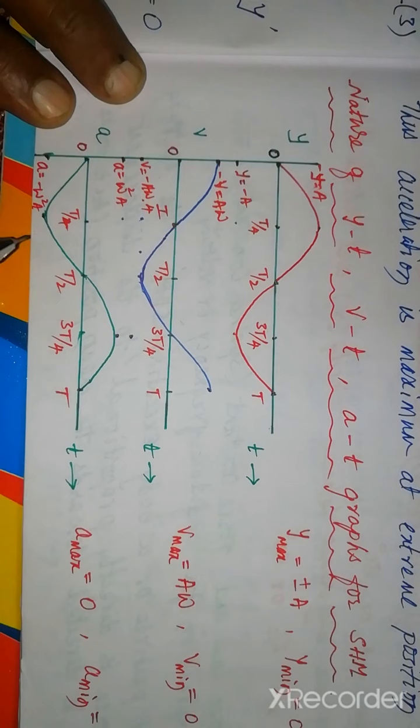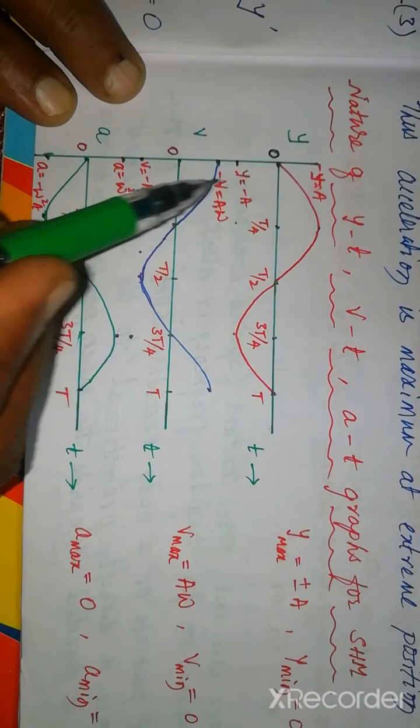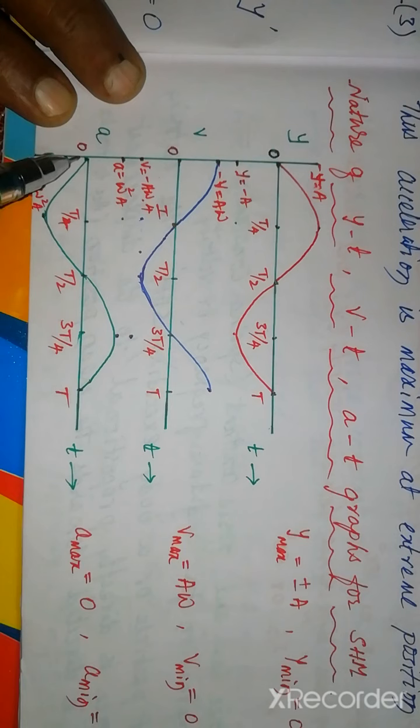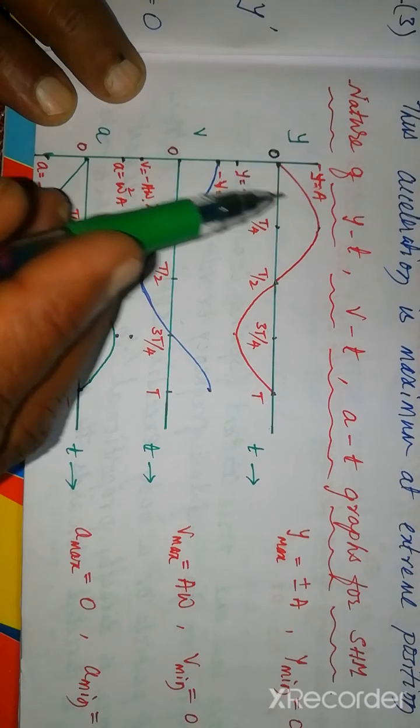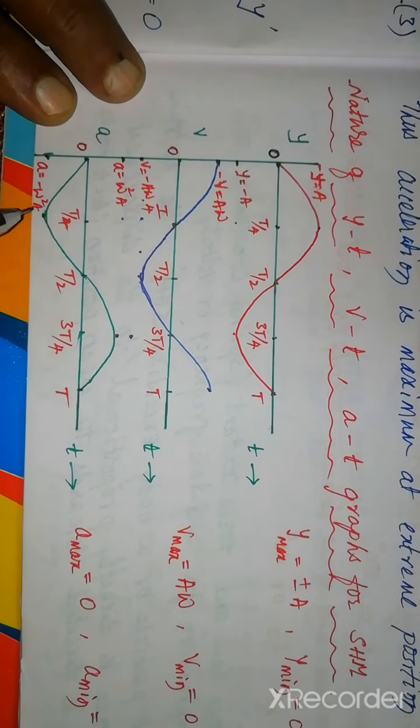Acceleration time graph. If displacement is in one direction, the acceleration is oppositely directed to displacement. If displacement is upward, acceleration is downward. If displacement is downward, acceleration is upward. So when time t is 0, the particle being at the mean position, the acceleration is 0, and when the particle reaches the extreme position, the acceleration becomes maximum.